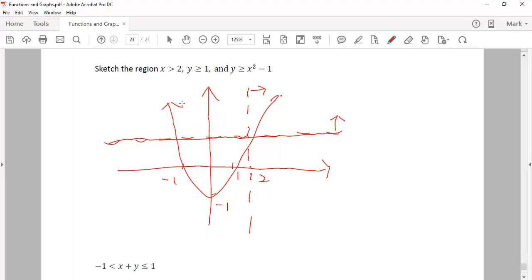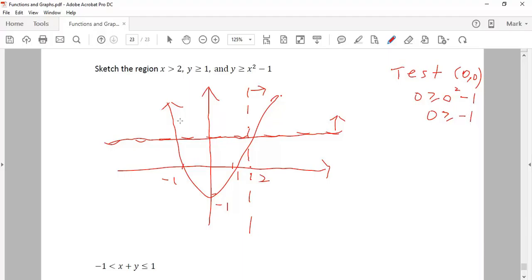So now we want to find if we're going to shade the inside of the parabola or the outside. So let's just test 0, 0. So 0 is greater than 0 squared minus 1. So 0 is greater than negative 1. So we know that's true.